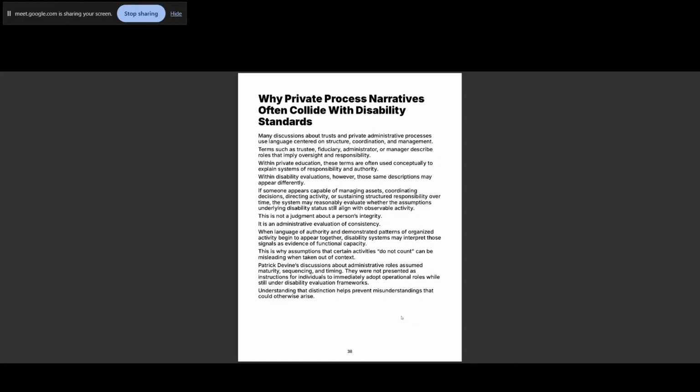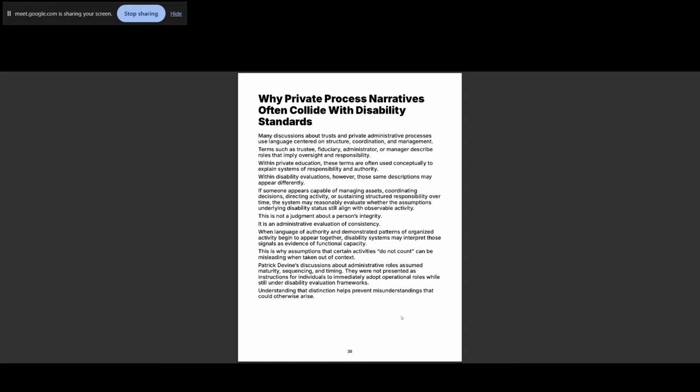Within disability evaluations, however, those same descriptions may appear differently. If someone appears capable of managing assets, coordinating decisions, directing activity, or sustaining structured responsibility over time, the system may reasonably evaluate whether the assumptions underlying disability status still align with observable activity. This is not a judgment about a person's integrity. It is an administrative evaluation of consistency.